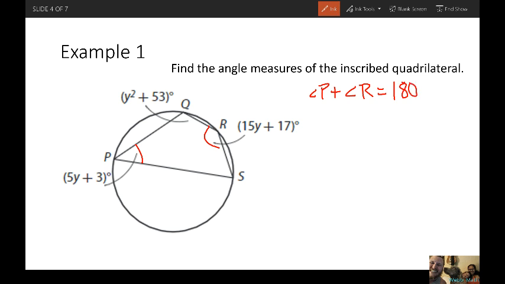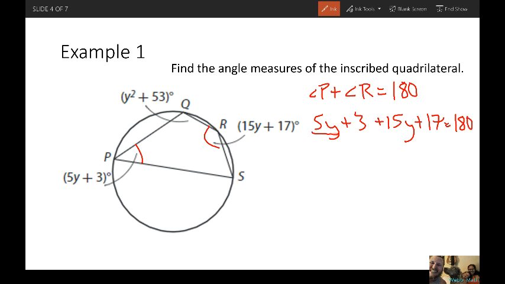So let's add them up. We have angle P, which is 5y plus 3, plus 15y plus 17. And again, that all has to add up to what supplementary angles add up to, which is 180.